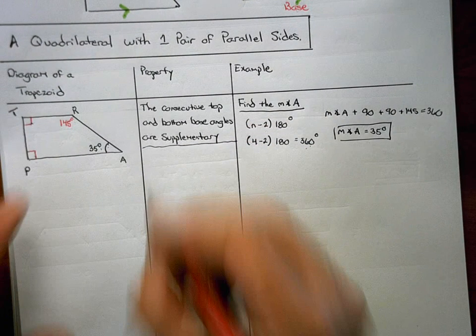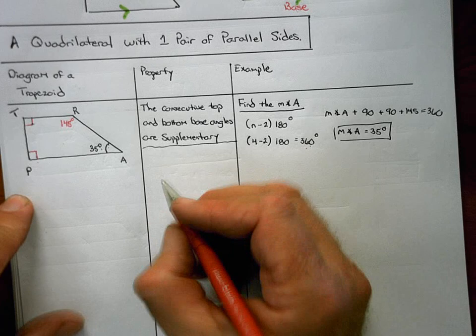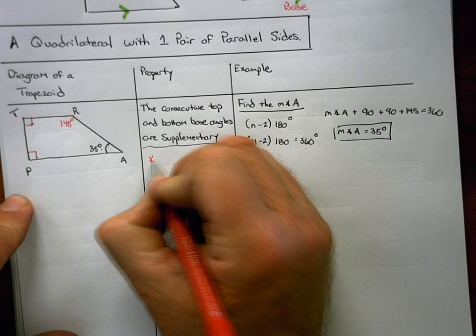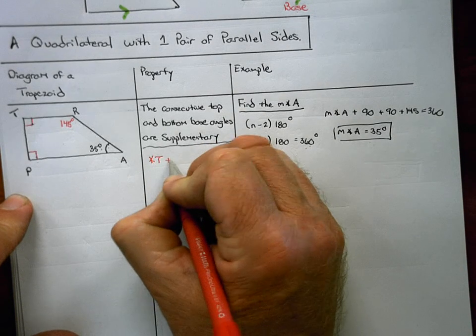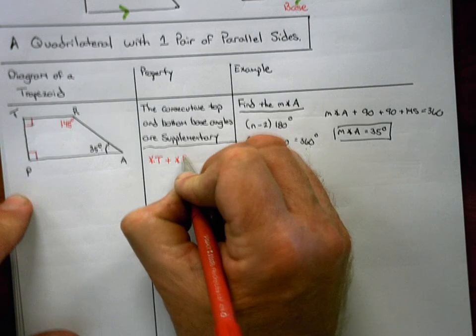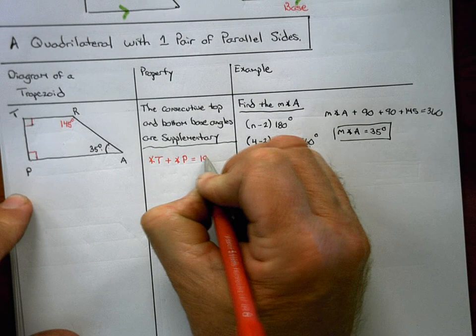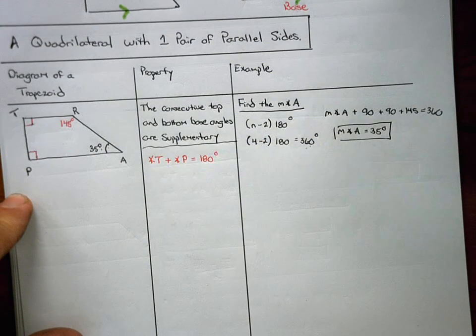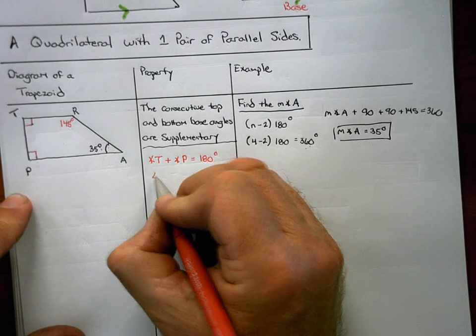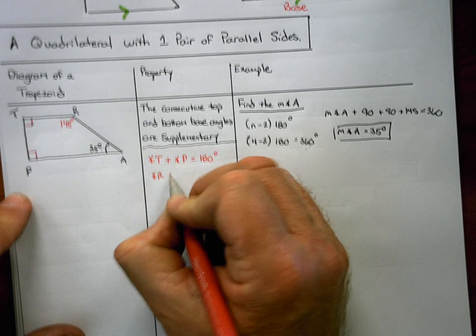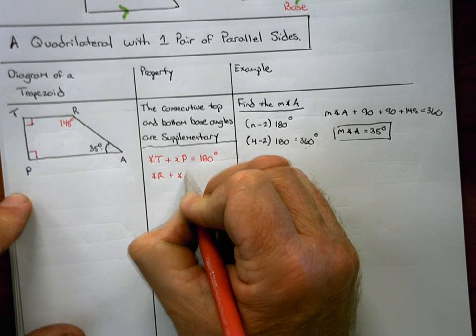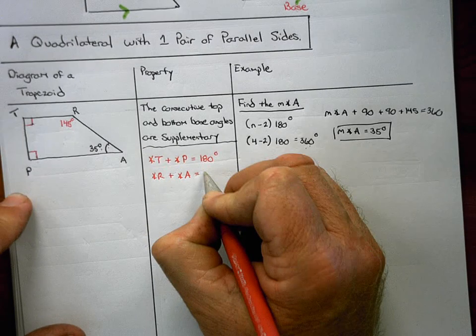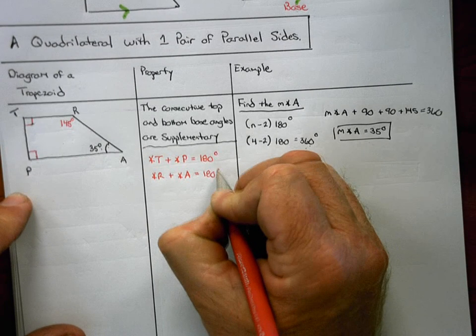So that means in this particular diagram, if you took angle T and you added it to angle P, those two angles would be equal to 180 degrees. And the same if you took angle R and you added it to angle A, those angles would also be equal to 180 degrees.